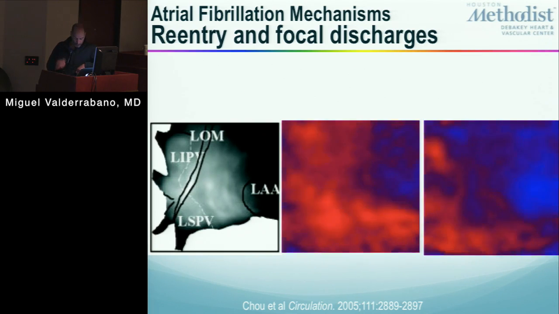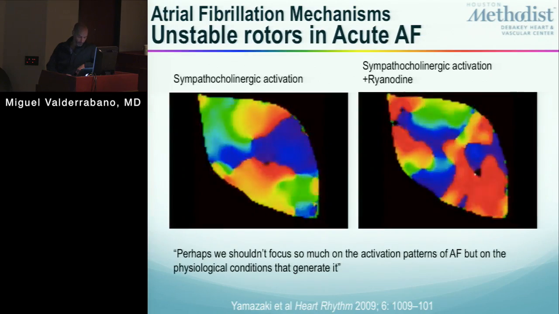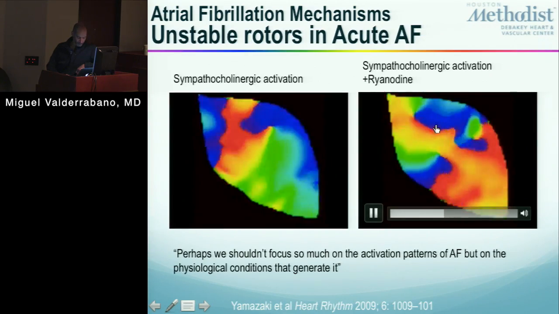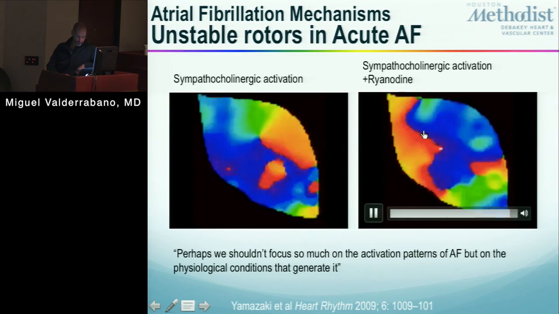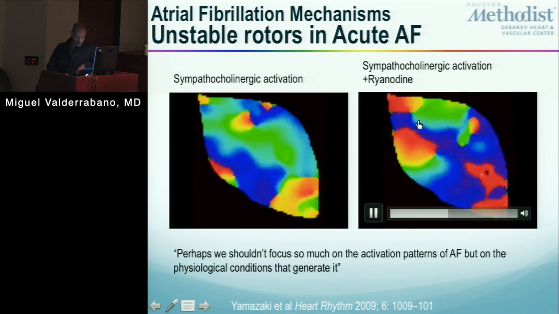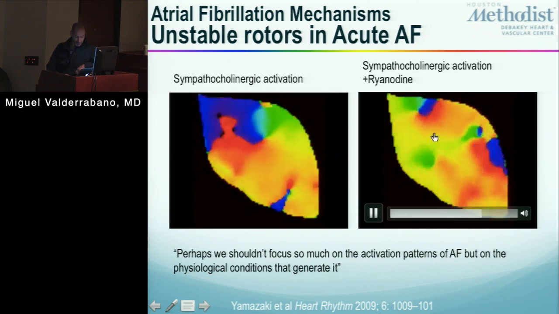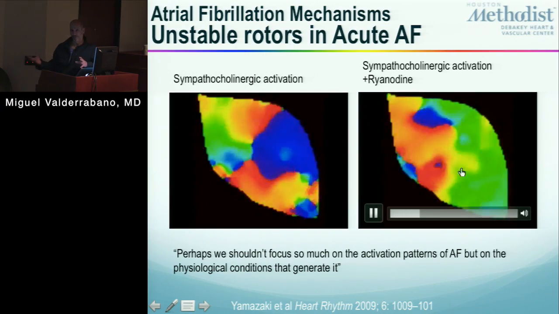A leading group in Michigan came up with the idea of the mother rotor. The idea of this group is that AFib is maintained by a stable reentrant source, shown here, from which waves emanate and propagate in an irregular fashion through the rest of the tissue.